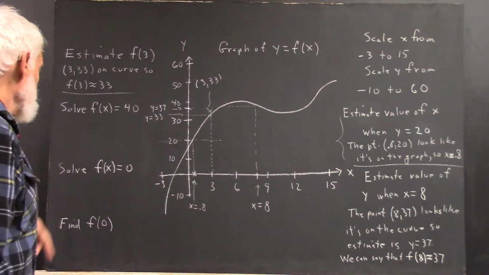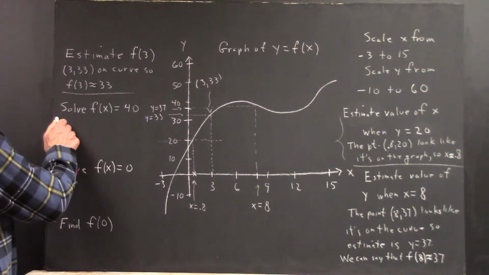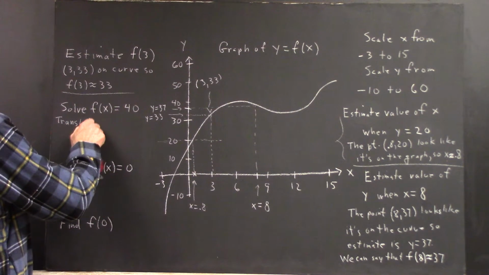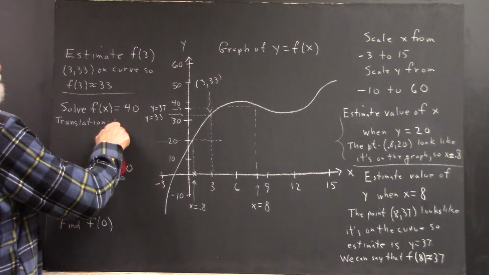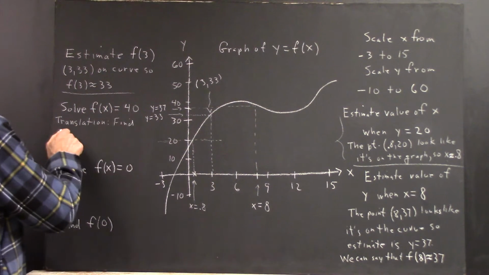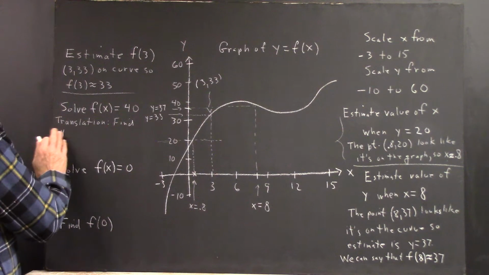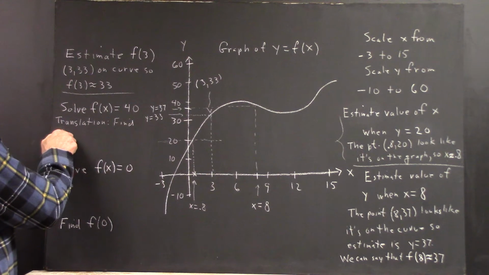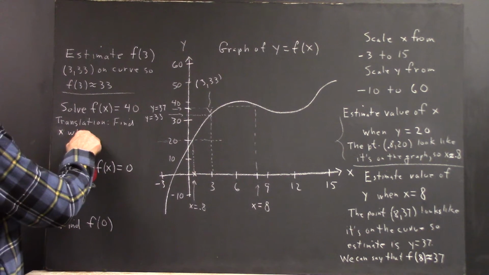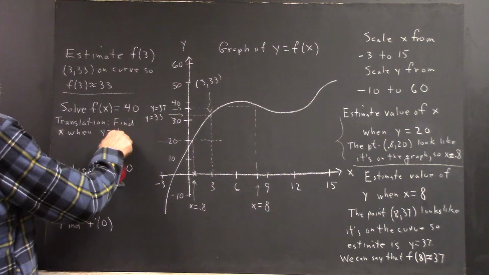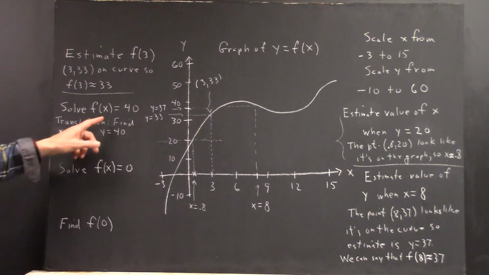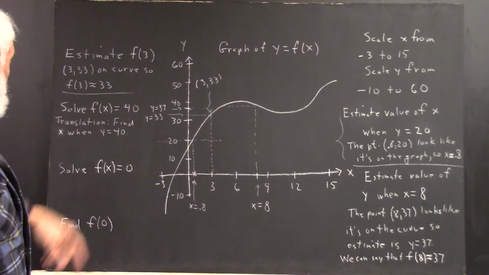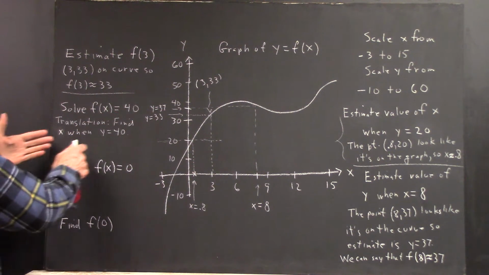We can translate this: find x when y equals 40, because that'll give us a value of x that makes y equals f of x equal to 40.